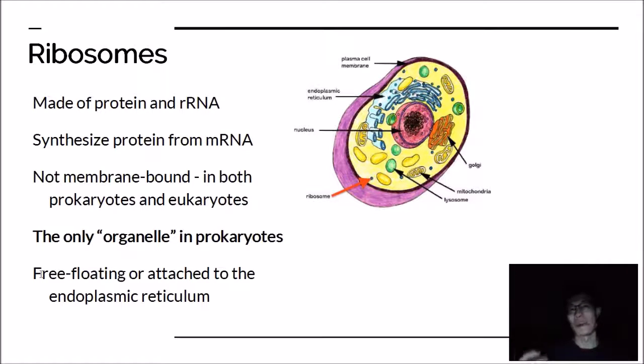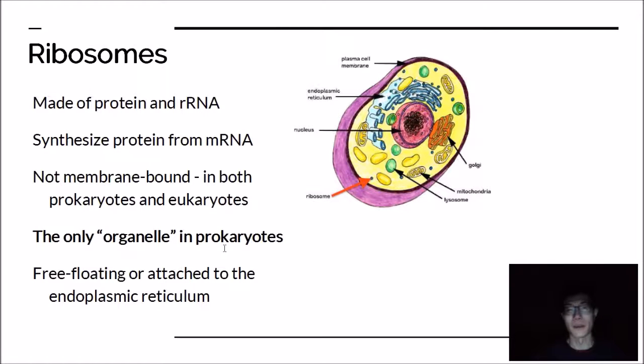Again, it's not really one that's membrane-bound, because if you think back to prokaryotes, they don't really have any membrane-bound organelles. But it is found in both, and they serve similar functions in both types of cells.